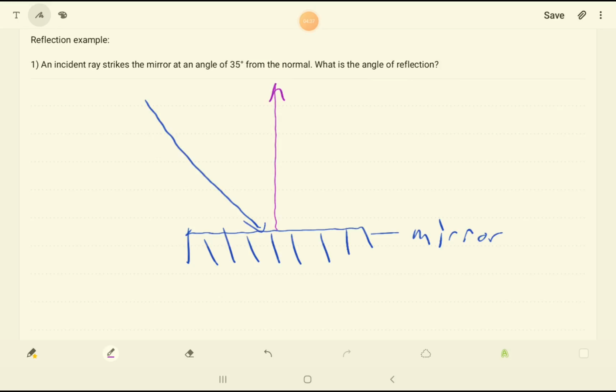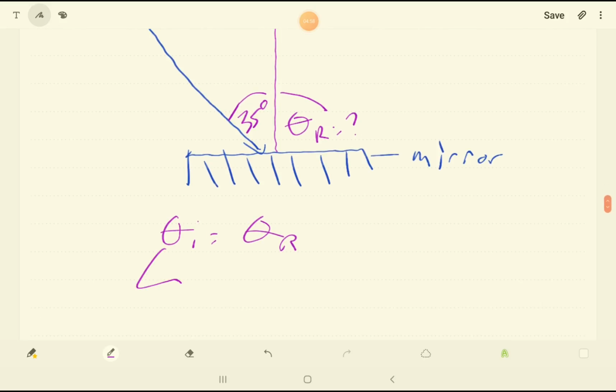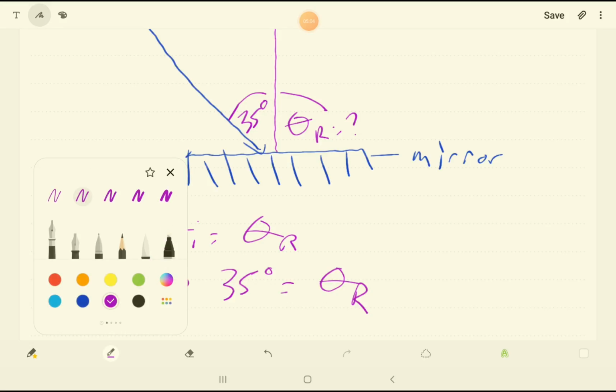The normal line is going to be in the middle here, and the angle between the incident ray and the normal, as we said, is 35 degrees. So what is going to be the angle of reflection? Well, the first law of reflection states that the angle of incidence is equal to the angle of reflection. So if the angle of incidence is 35 degrees, then that is the angle of reflection.